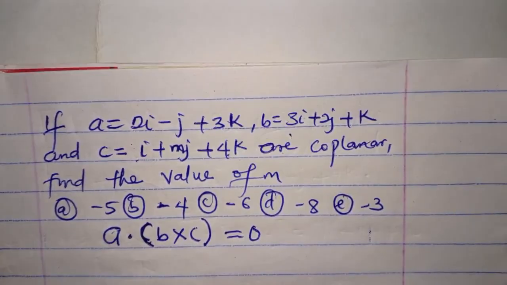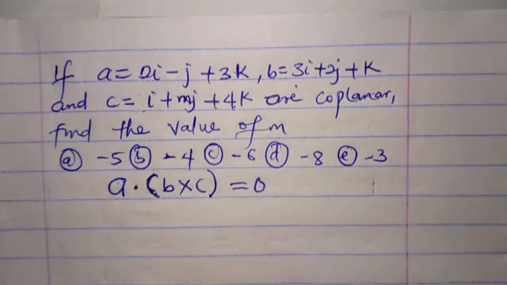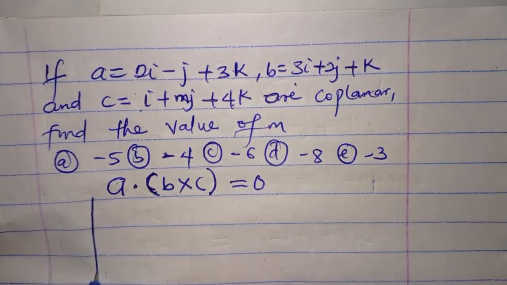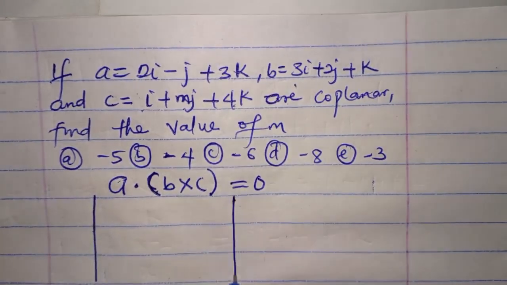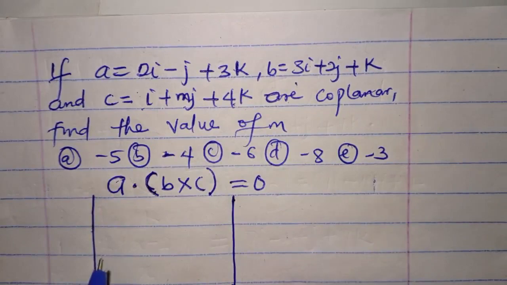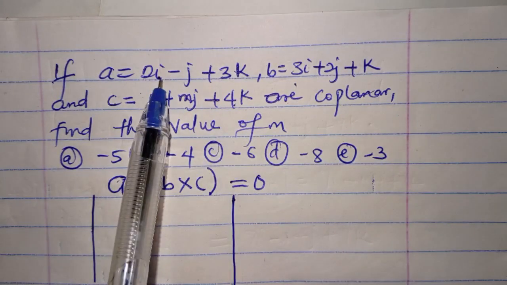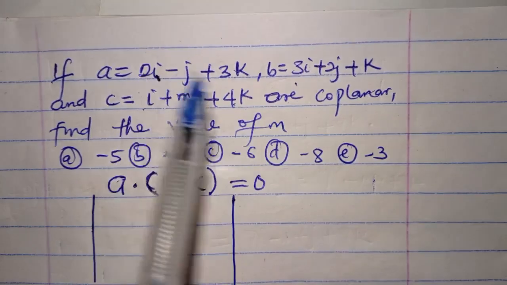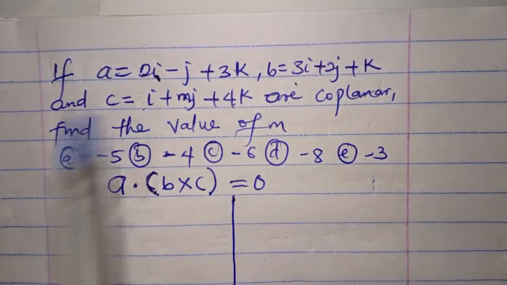This is the condition for coplanarity of three vectors. So let us determine the triple scalar product of A, B, and C in the determinant form of the matrix. The coefficients of i for the three vectors are 2, 3, and 1.